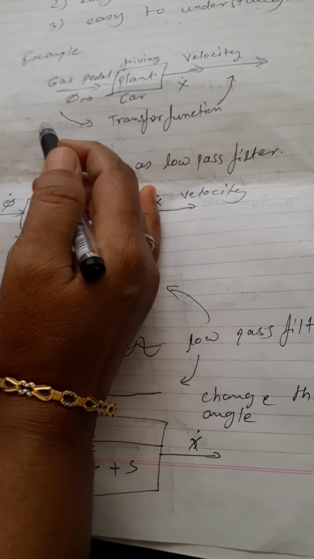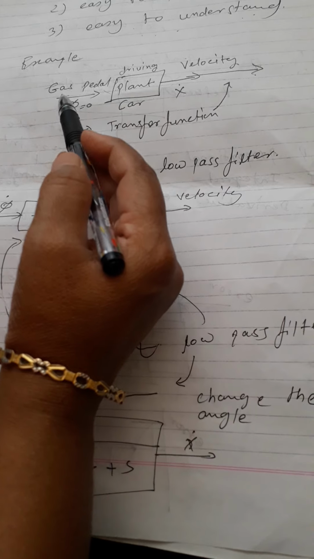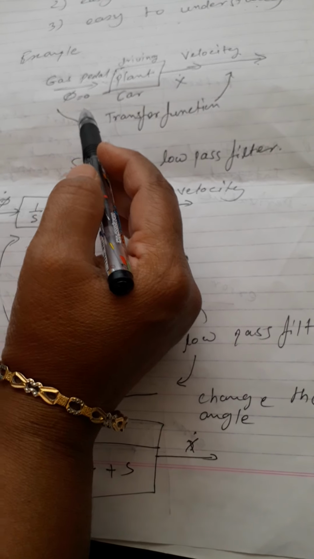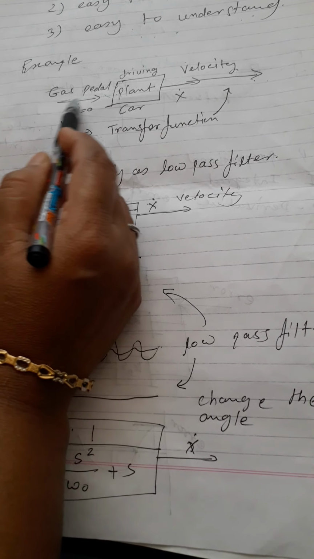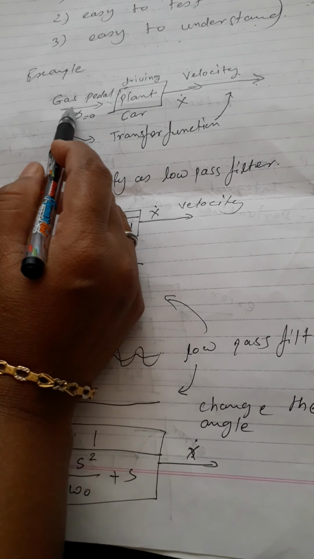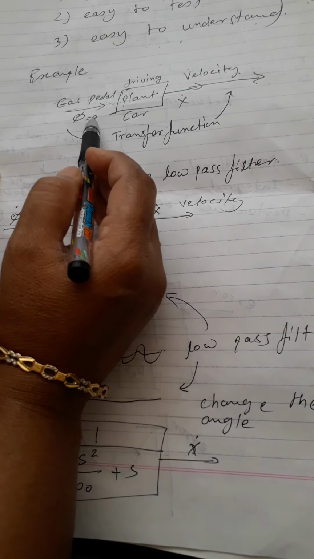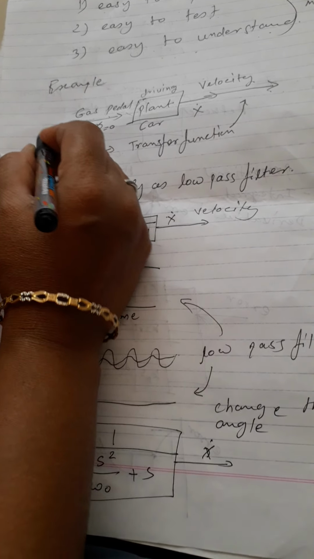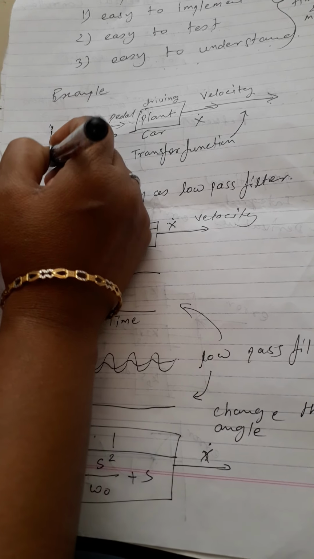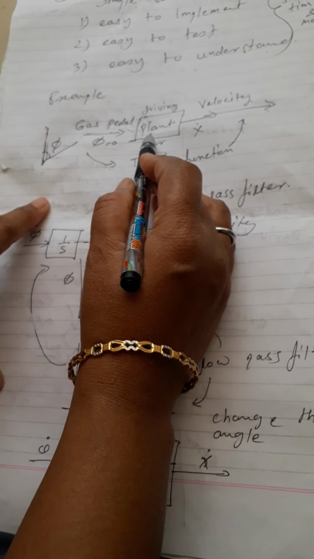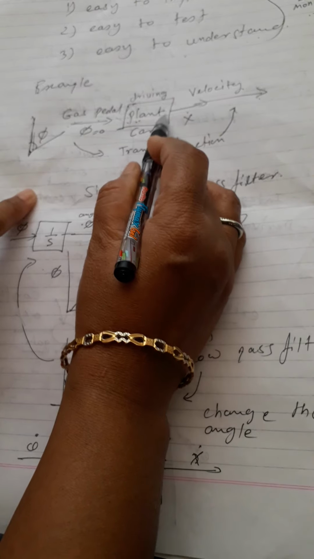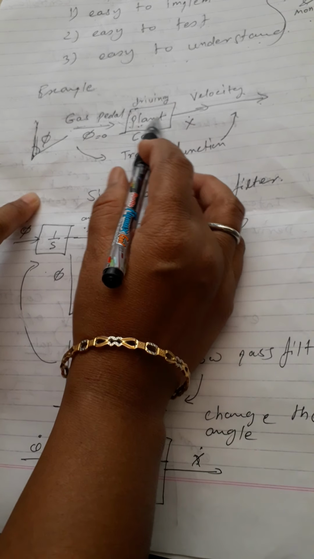Now for example, if there is a car and we are going from one place to another place, there is a gas pedal. If the gas pedal is at 0 position and from 0 position it moves to a particular angle phi, then the car starts driving. The car here is the plant we have used.